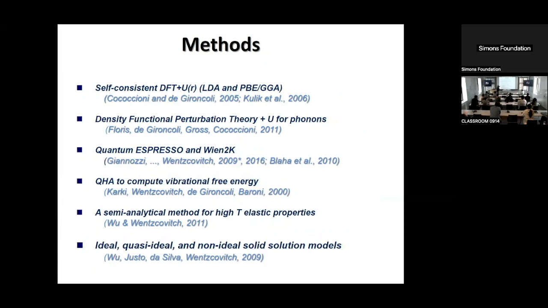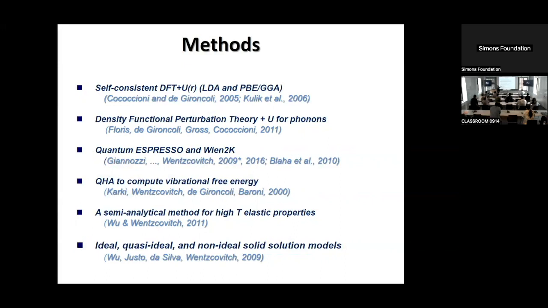Density functional perturbation theory for DFT plus U, and some electron calculations for Mössbauer quadrupole splitting. Quasi-harmonic approximation is also not new, but today you would use quasi-particle phonon dispersion, temperature-dependent phonons for these calculations, and we have been using them.